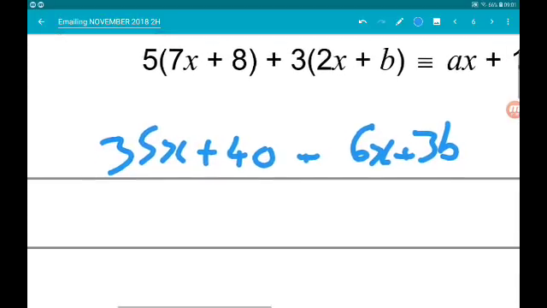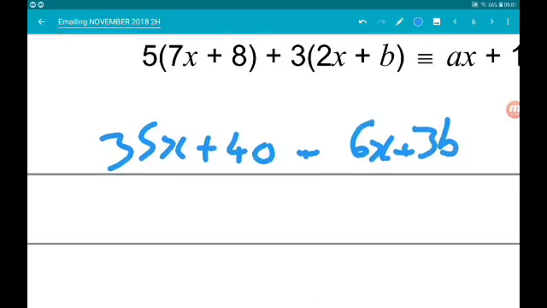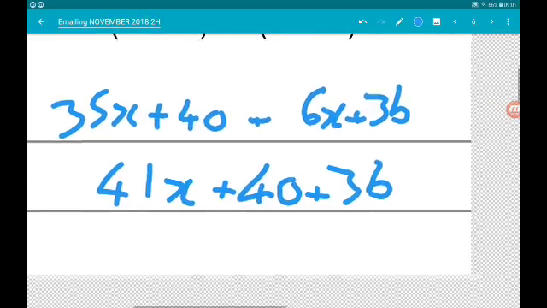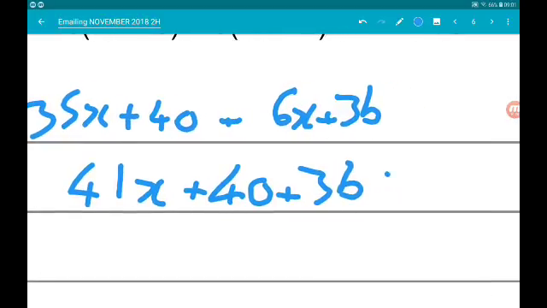Let's simplify that. We get 35x add 6x, 41x, add 40, add 3b. So we know that that is identical to ax add 13.